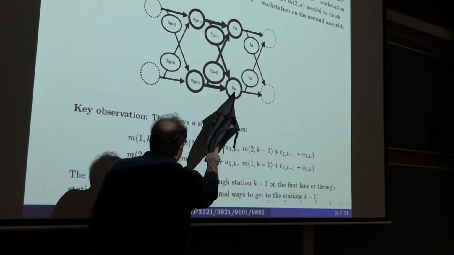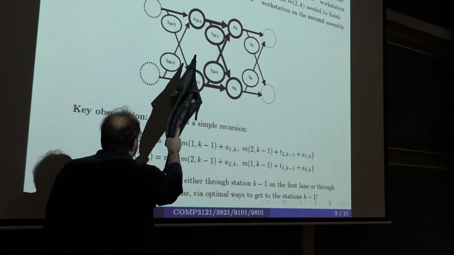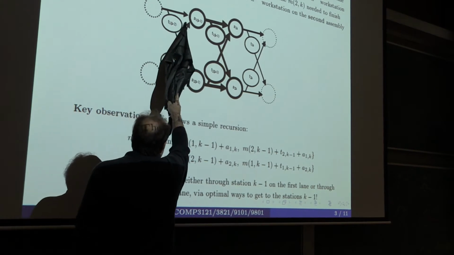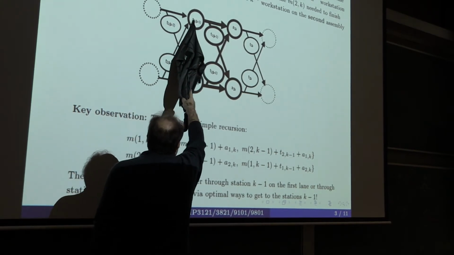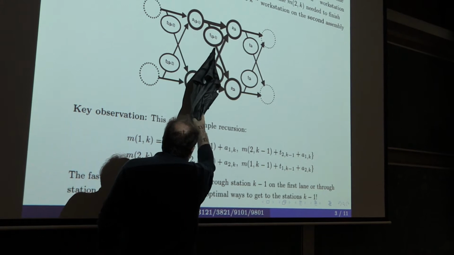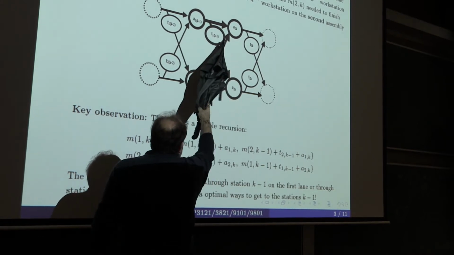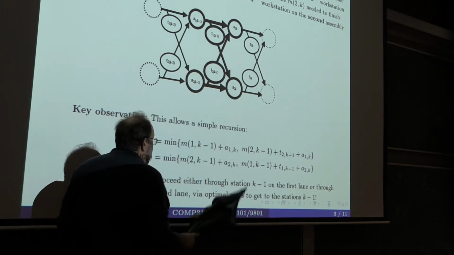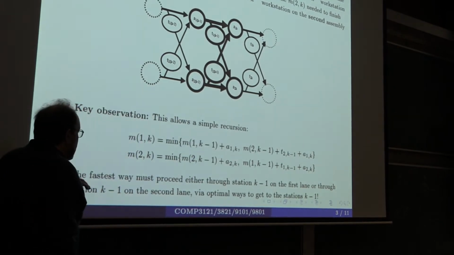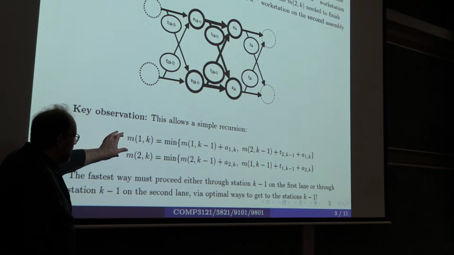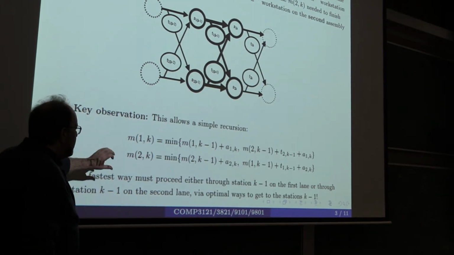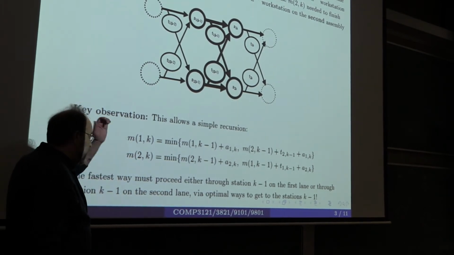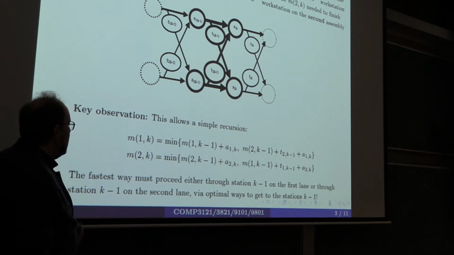And the min of that, and the optimal way to actually finish it here, and then transport the partly finished product to the second line and finish it here. Right? So notice, these are kind of two intertwined recursions that run in parallel, right?